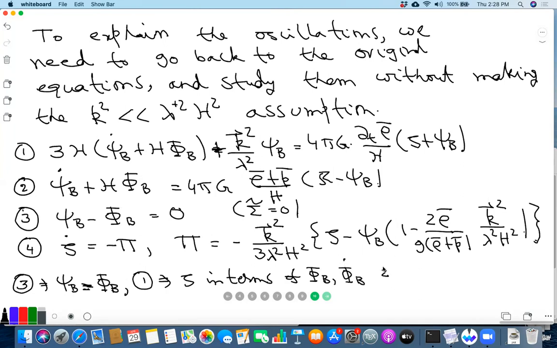And similarly, 2 gives r in terms of phi b dot. And now the idea is that we are going to substitute this 1, the expression for zeta in terms of phi b and phi b dot, into 4.